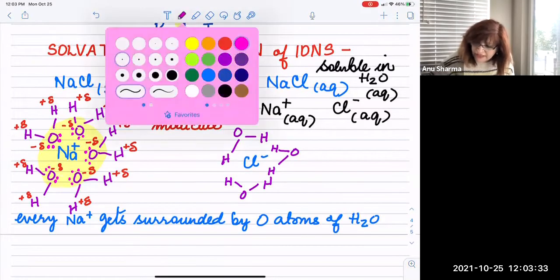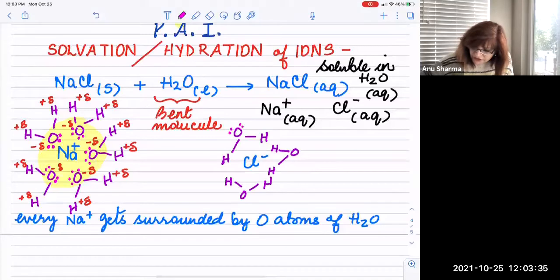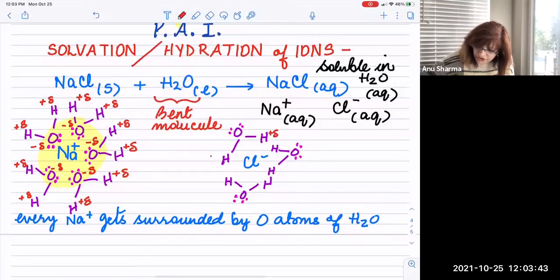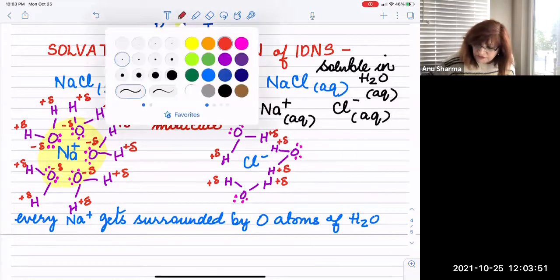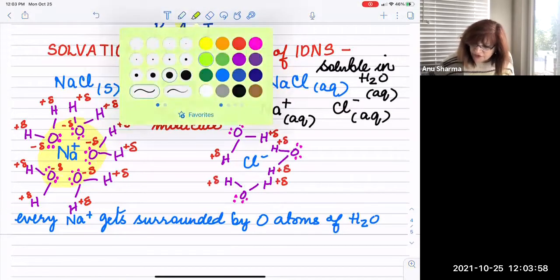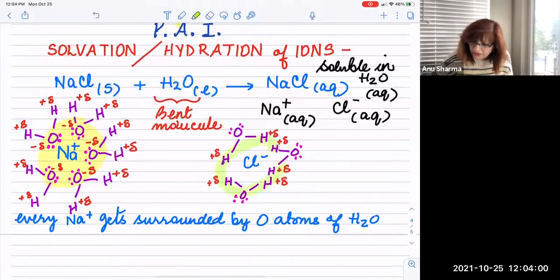So here we have the oxygen with its lone pairs pointing away from the chlorine, but we see the delta positive hydrogens. Hydrogens are all delta positive. So each of these delta positively charged hydrogens are now engulfing the chlorine, like putting a jacket around chlorine.